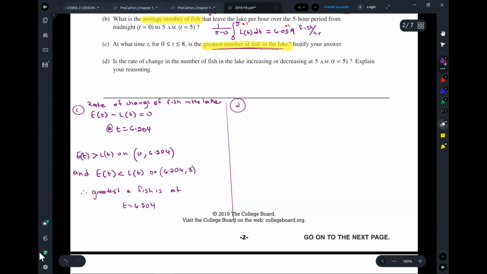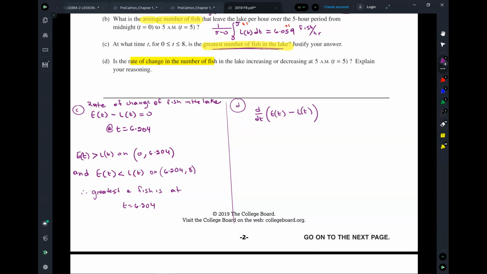Is the rate of change of the number of fish in the lake increasing or decreasing at 5 a.m.? The rate of change of the fish is d/dt of E of t minus L of t. Sort of, but you still have to show it at t equals 5.